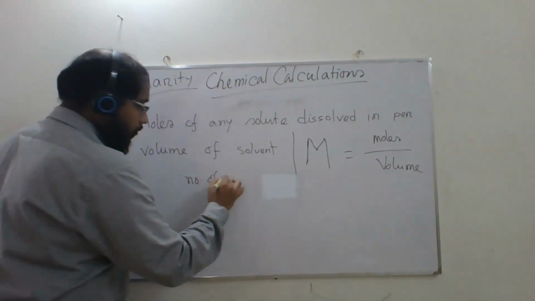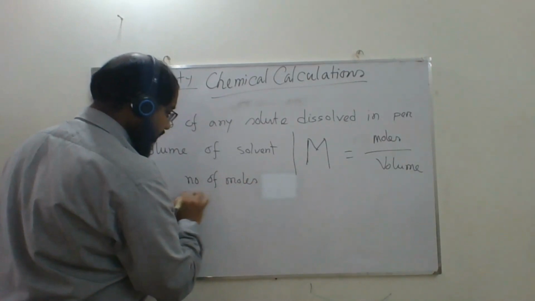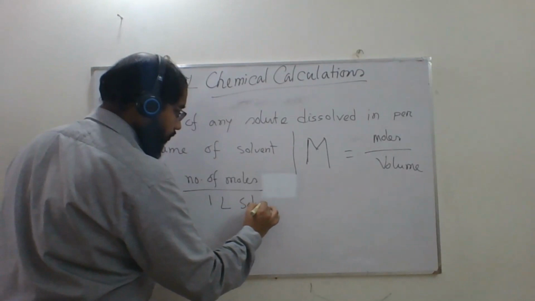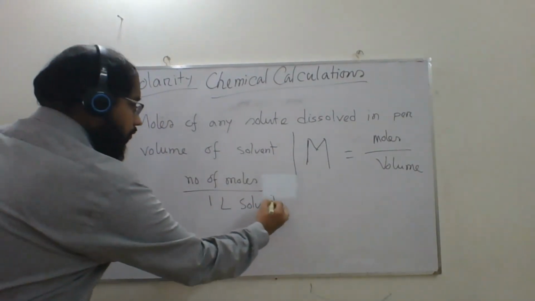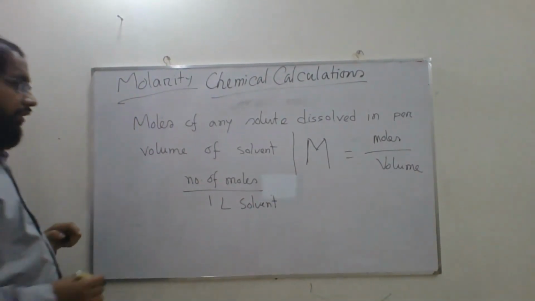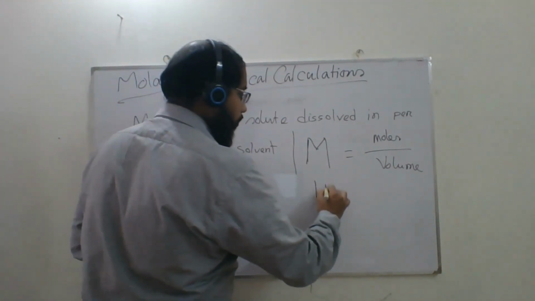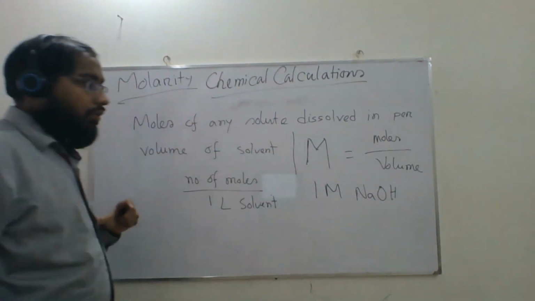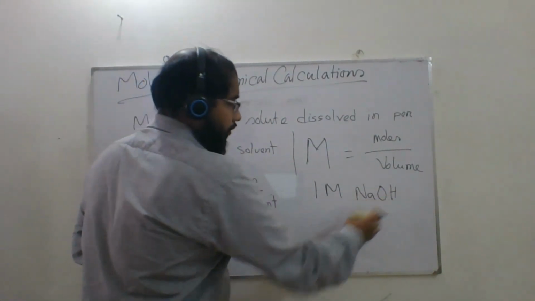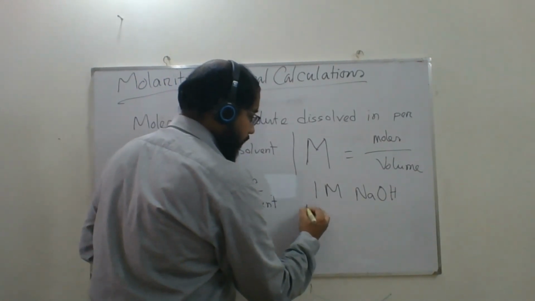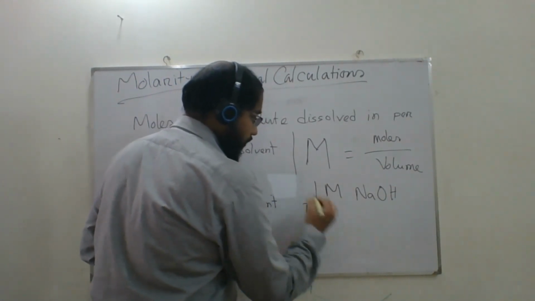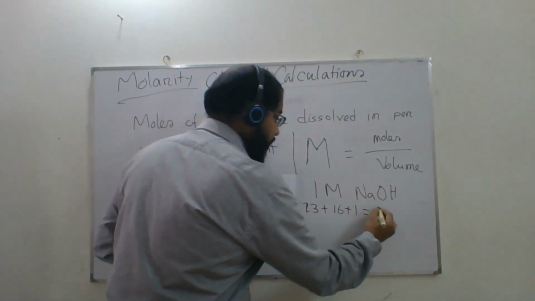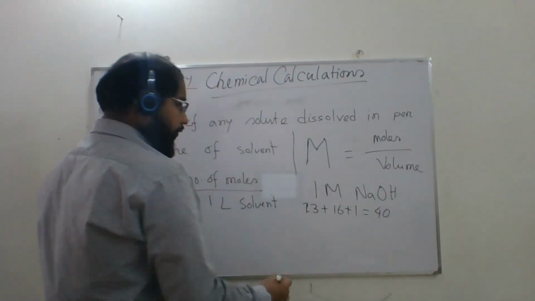That means the number of moles dissolved per 1 liter solvent, which implies that if I say 1 molar sodium hydroxide solution, we know the weight of sodium hydroxide is 23 plus 16 plus 1 equal to 40.